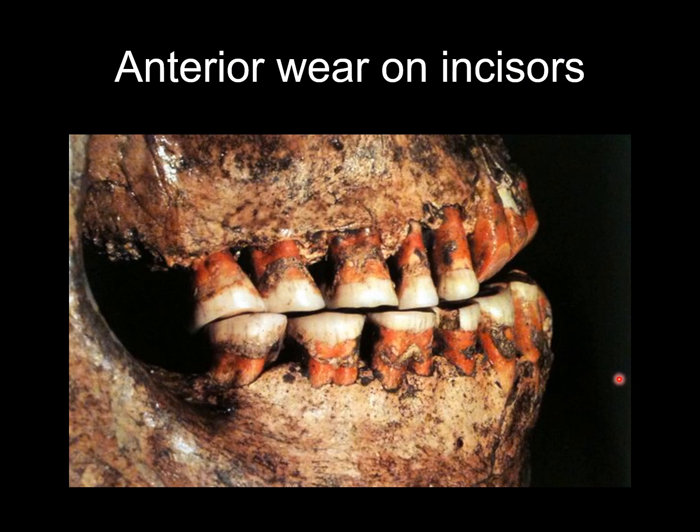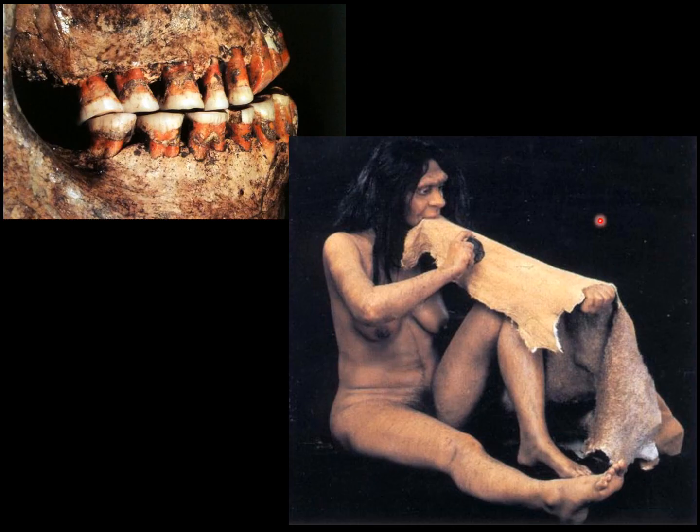Neanderthals, very interestingly, also have anterior wear on the incisors. So if you look at the incisors, the front side is completely worn down. You do see this on some archaic Homo specimens, but this feature is quite prevalent and is associated with Neanderthals. So why do Neanderthals have such drastic wear on the front of their incisors? Well, it was thought that Neanderthals used their teeth as a third hand, so to speak.